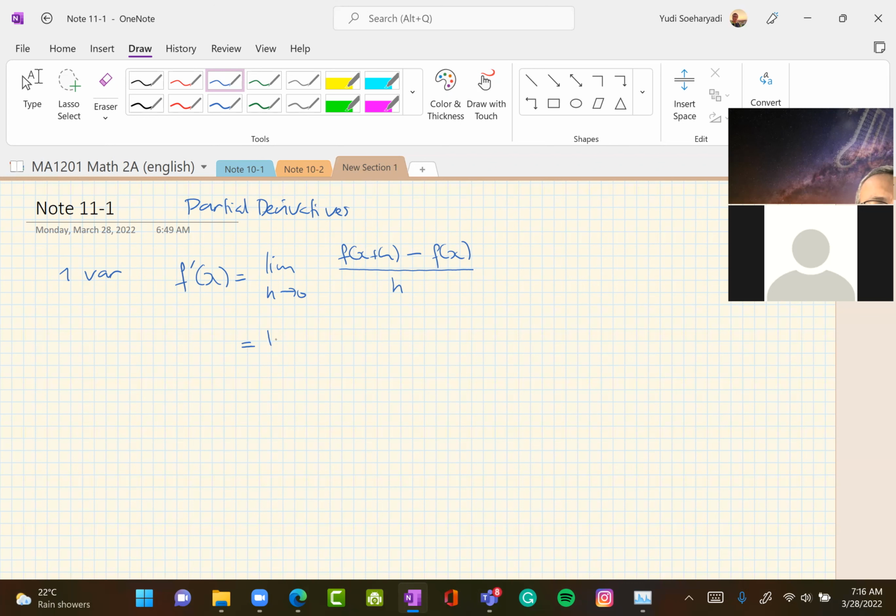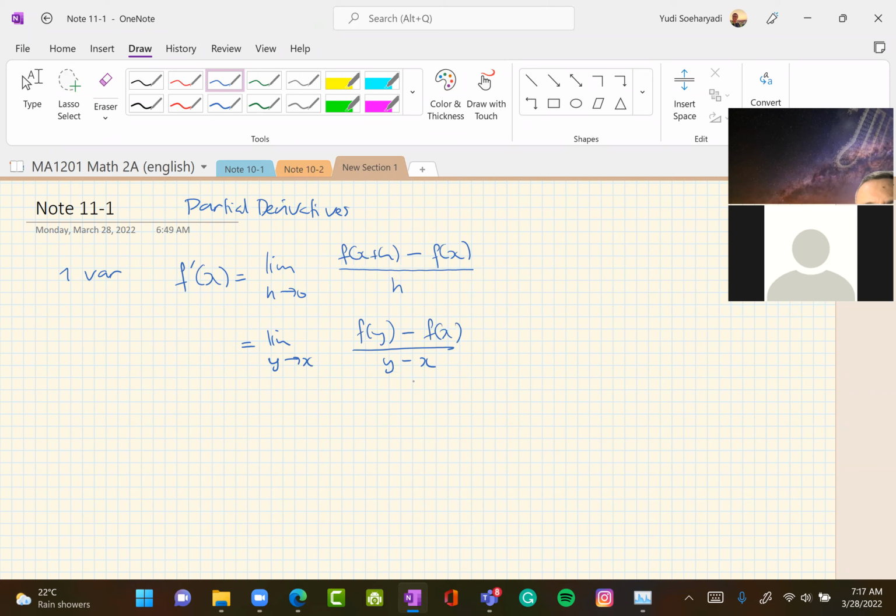Or similarly, you can say this is f of y, this difference over this, so the difference in y minus the difference in x, over this. All right, so this is one variable.